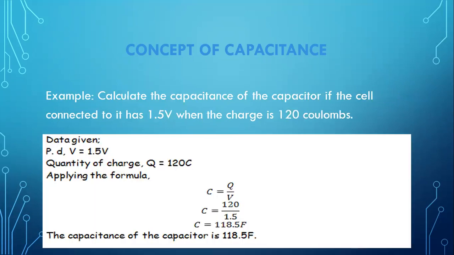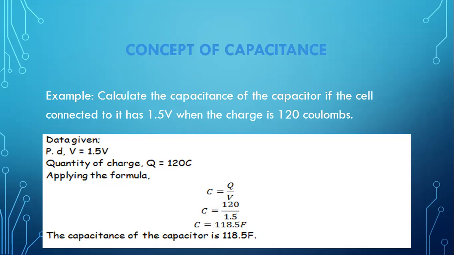Let's take an example. Calculate the capacitance of the capacitor if the cell connected to it is 1.5 volts when the charge is 120 coulombs. From the question, the data given is the potential difference V equals 1.5 volts, and the quantity of charge Q equals 120.